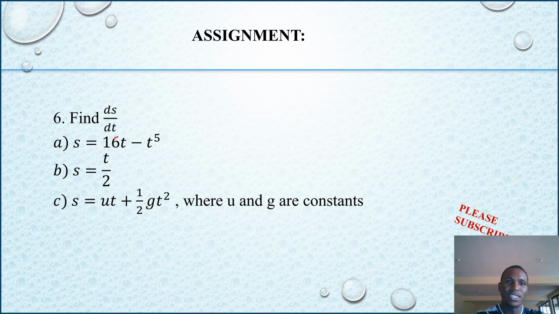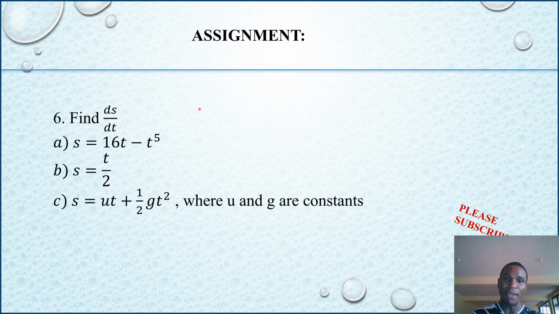Find ds/dt. So you see why I was giving you that concept. There is no x and y here. So if I see you writing y prime or f prime, then you are not serious. I want to see ds/dt.